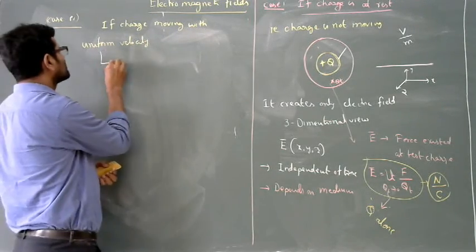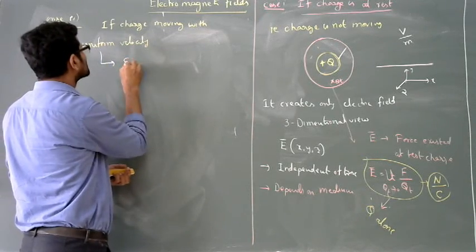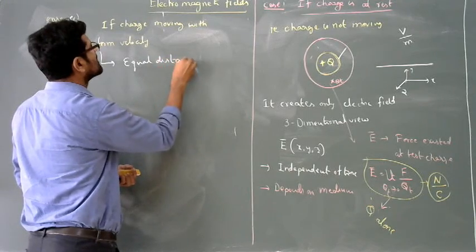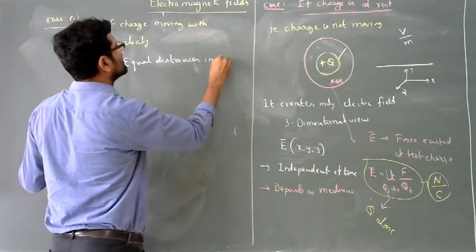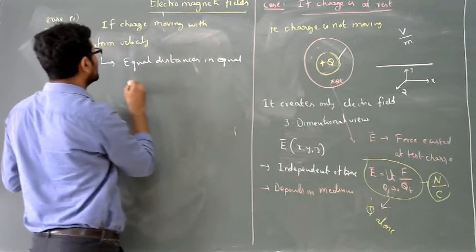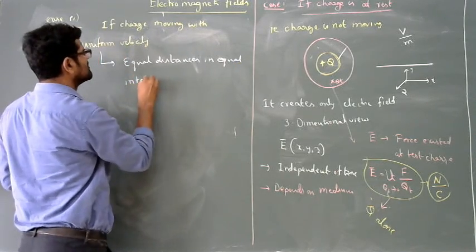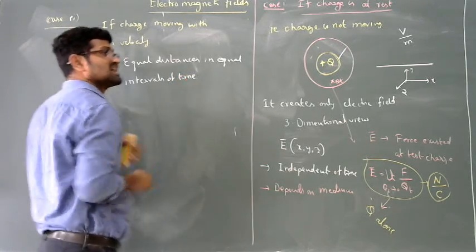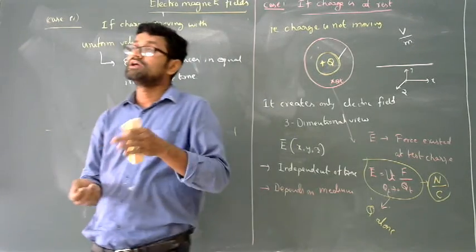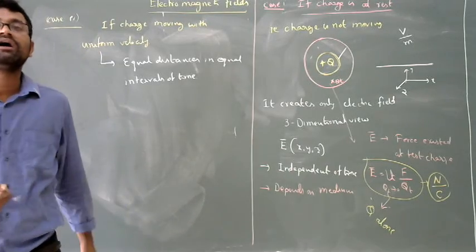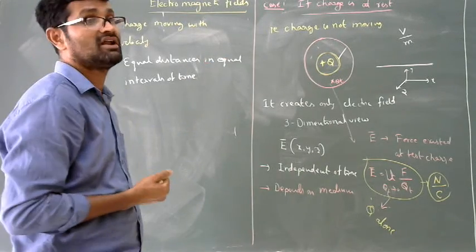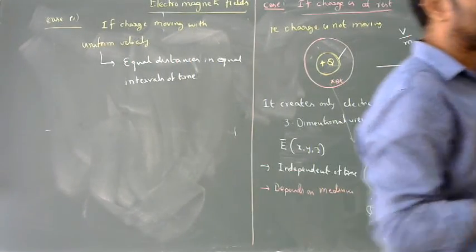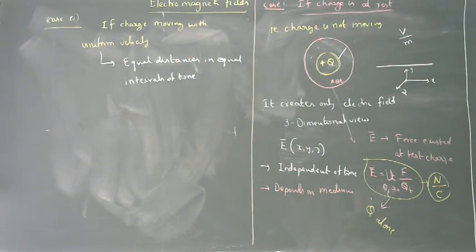How do we define uniform velocity in physics? It covers equal distances in equal intervals of time. If a charge travels 100 kilometers in 1 hour, then in the next hour it also travels 100 kilometers, and the next hour also 100 kilometers. So you can say the charge is moving with constant speed.